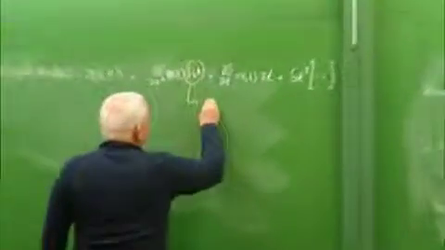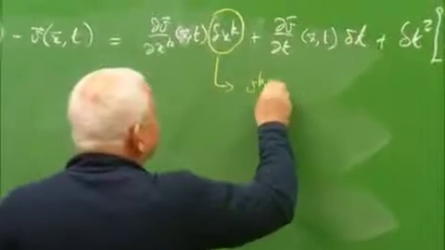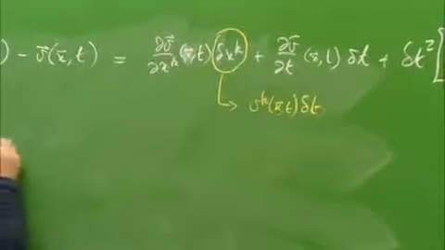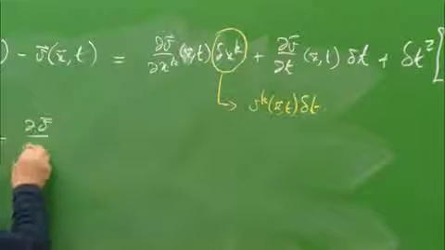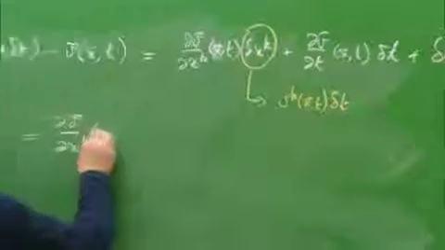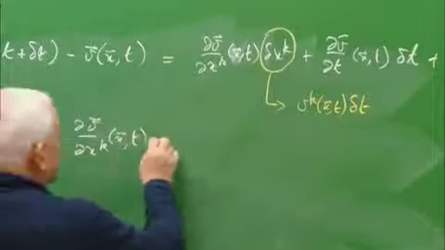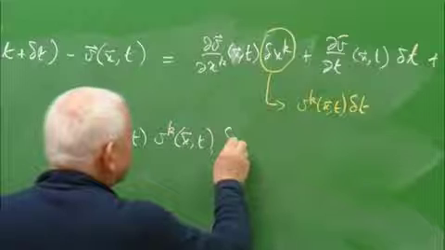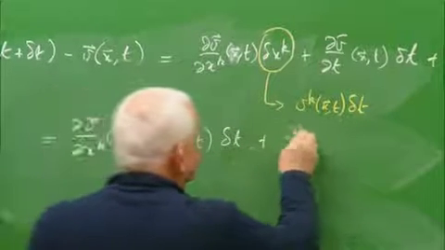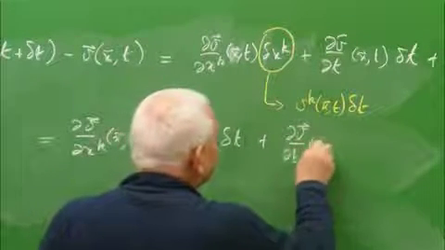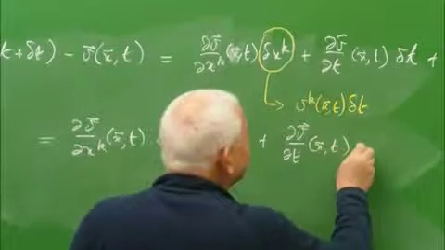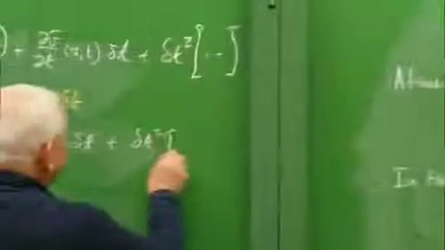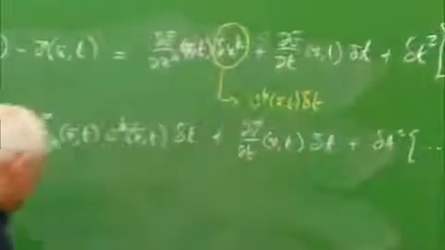This is vk at x and t, delta t, and so this becomes dv by dxk at x and t, times vk at x and t, delta t, plus dv by dt evaluated at x and t, delta t, plus terms in delta t squared, which I don't wish to write out.